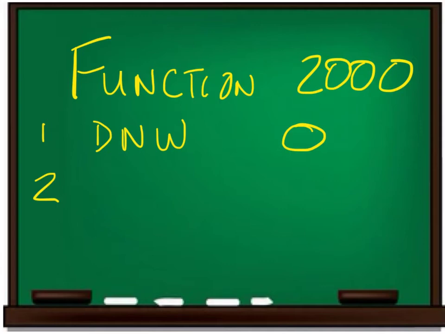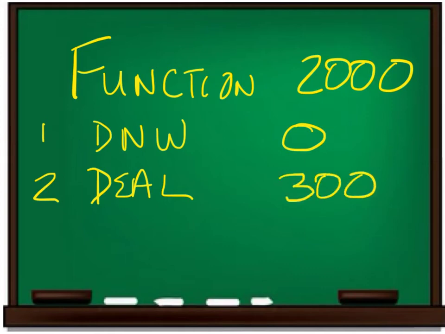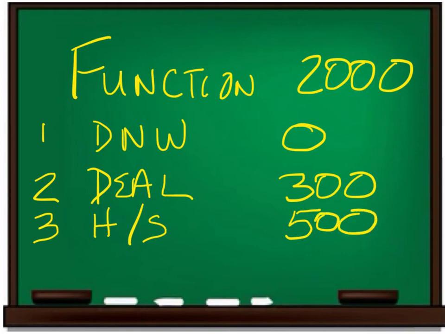For being able to at least display the welcome screen, the instructions, and dealing the cards, if you can make it up to the deal and have some cards on the screen, then you've made it to at least 300 out of the 2,000. Now if you can hit and stay to the point to where you've made it through one hand, then that'll be 500. You've made it to 500.